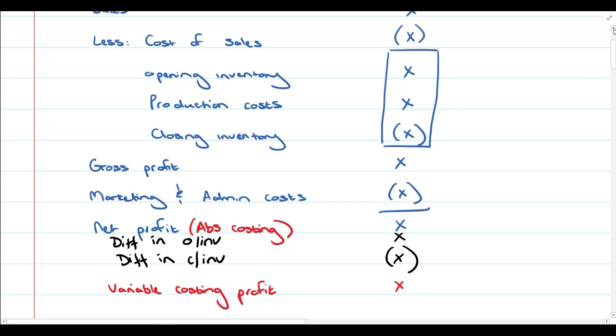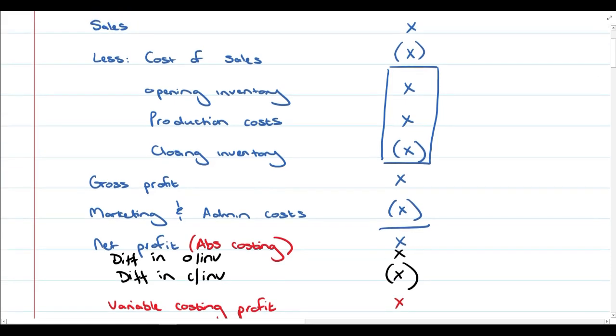So let's just look at the logic behind that. Why do we add the difference in opening inventory? We've discussed the reason why we deduct the difference in closing inventory. Now I want you to also understand why we add the difference in opening inventory. So please note once again, guys, this does not form part of the suggested solution. It's just for learning purposes.